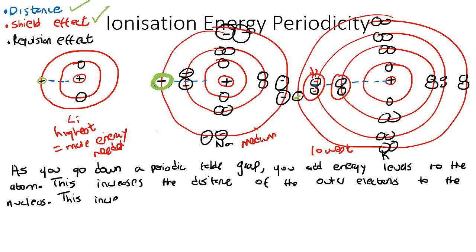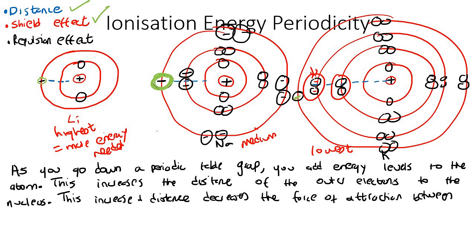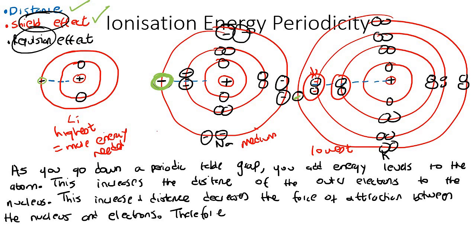This increased distance decreases the force of attraction between the nucleus and electrons. Therefore, I'm going to do distance by itself, and then I'm going to do the shielding effect, and then I'm going to do repulsion. Okay, so we have some nice summaries for you guys.